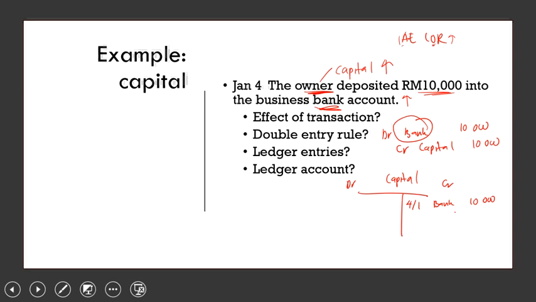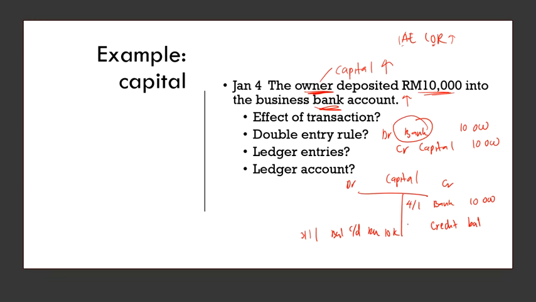So since credit balance is bigger than debit balance, so we call it as credit balance. So capital has a credit balance of 10,000. So on 31st of January, balance carried down RM 10,000.